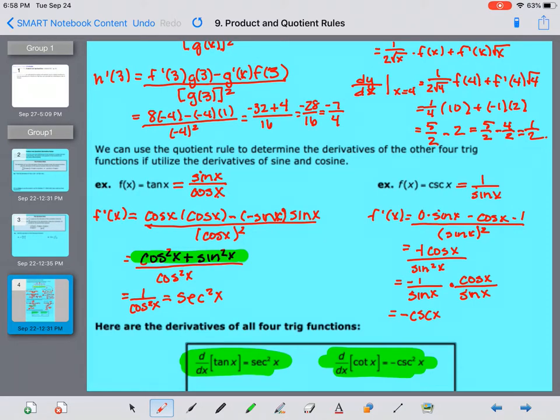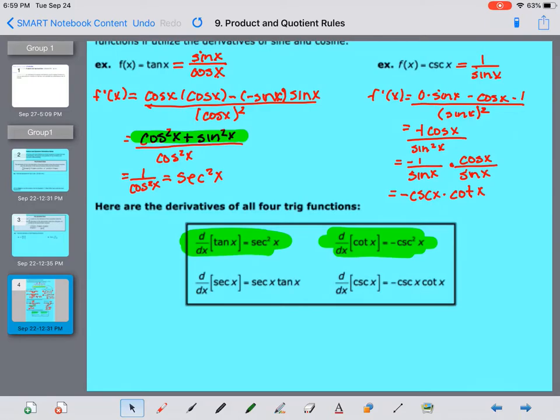And then cosine over sine is actually cotangent x. So the derivative of cosecant x winds up being negative cosecant x times cotangent x. So it's kind of in its own derivative. And that's exactly what it says down here.